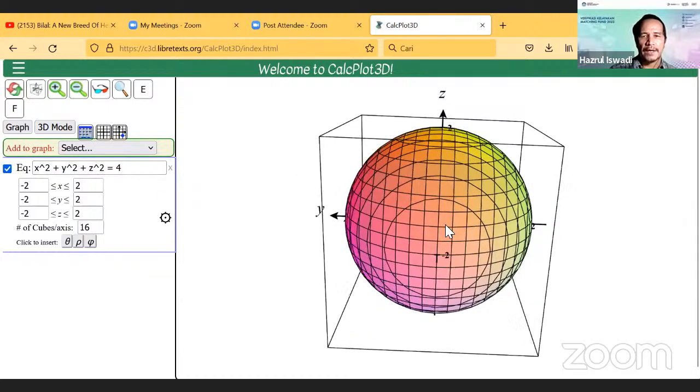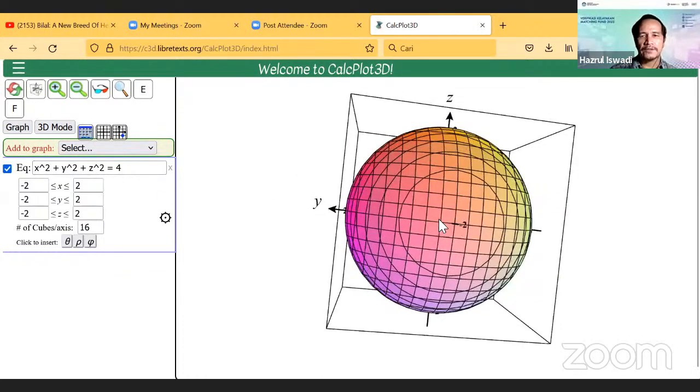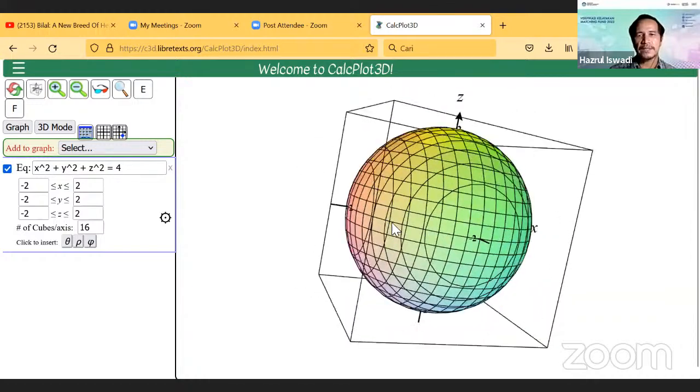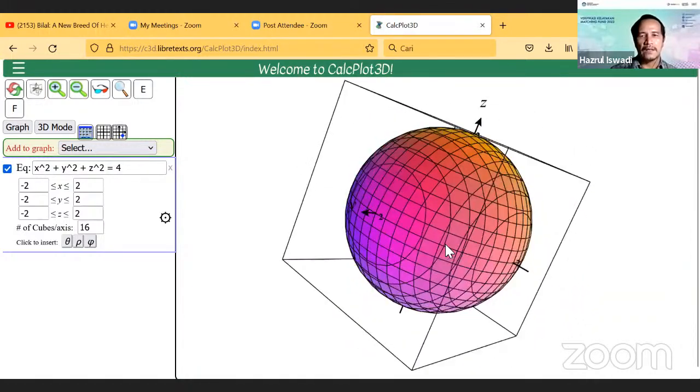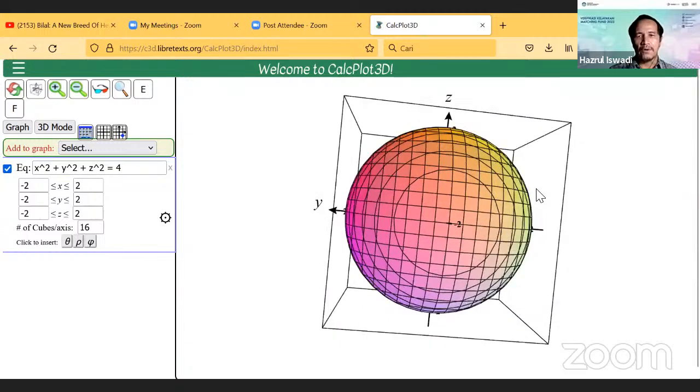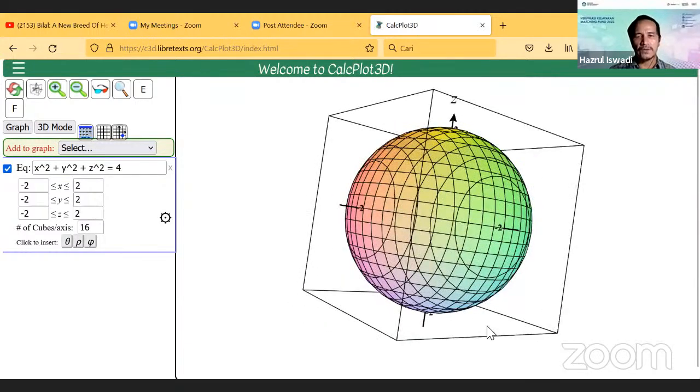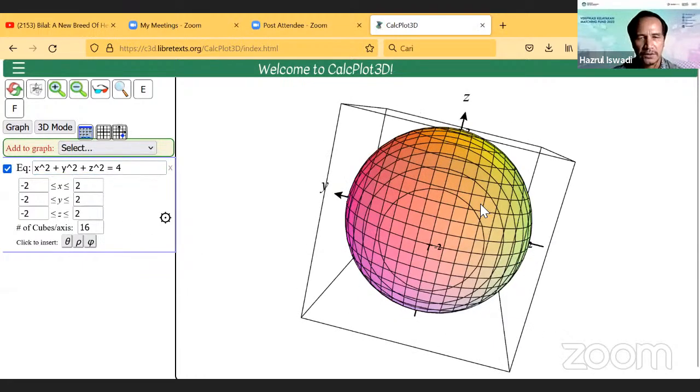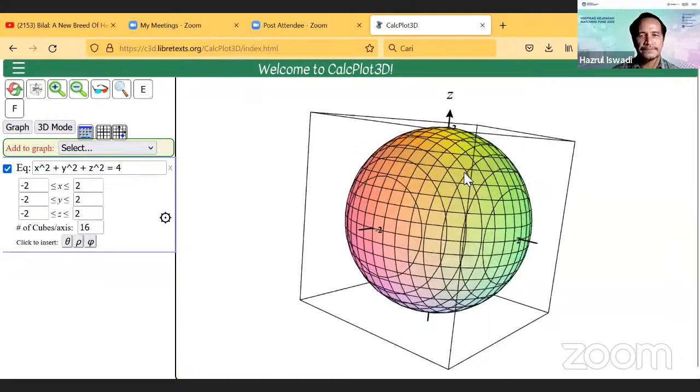Okay, we have a sphere, and the radius is 2 because 4 is the square of the radius.